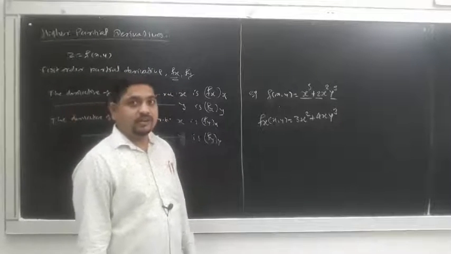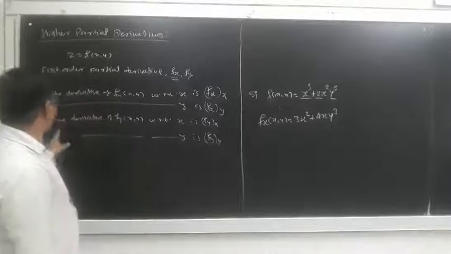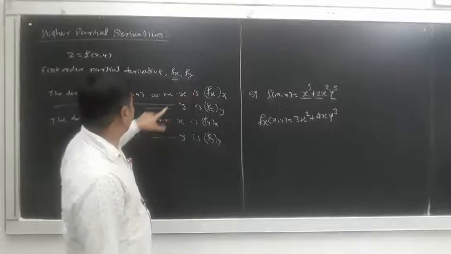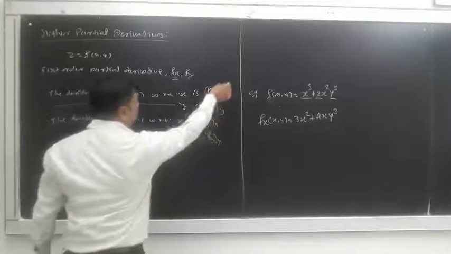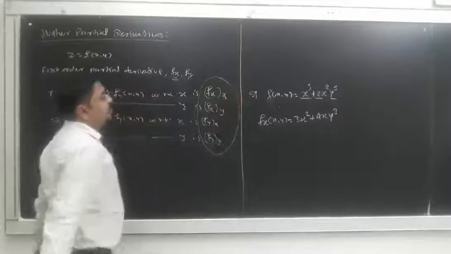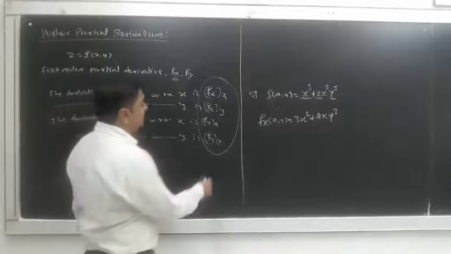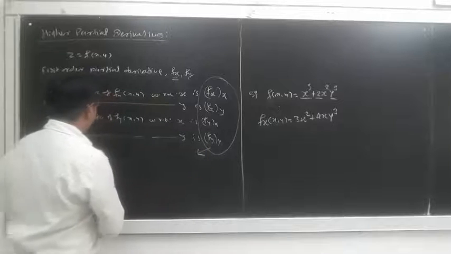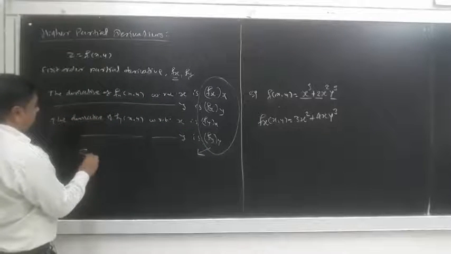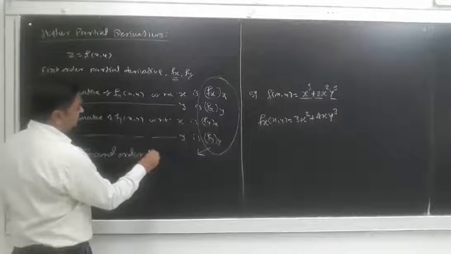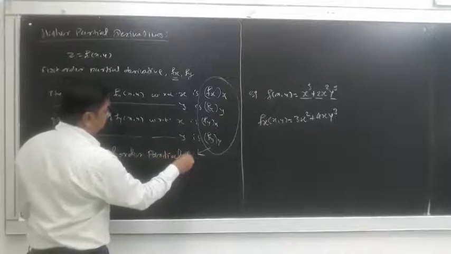So fx and fy are the first order partial derivatives, and fxx, fxy, fyx, fyy are called the second order partial derivatives.